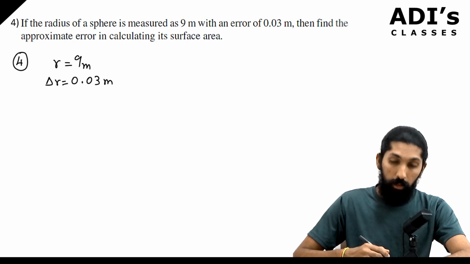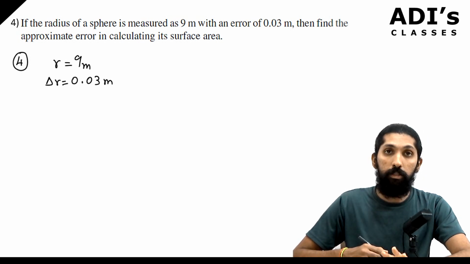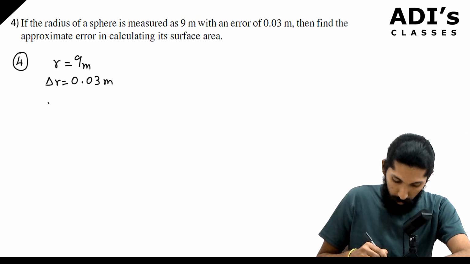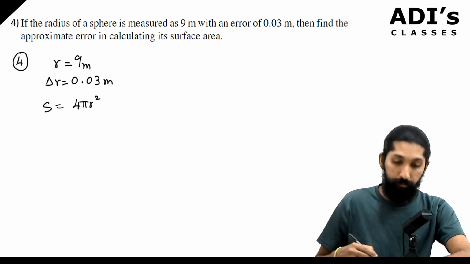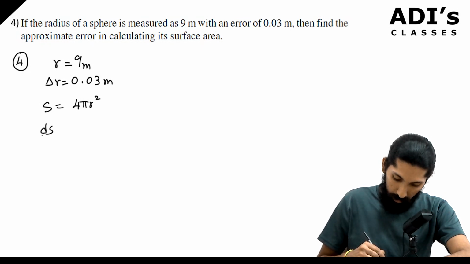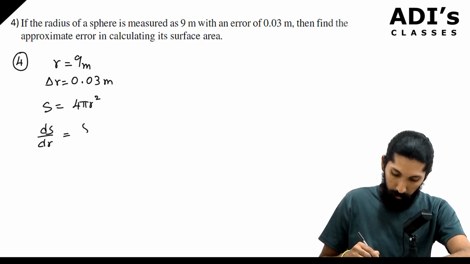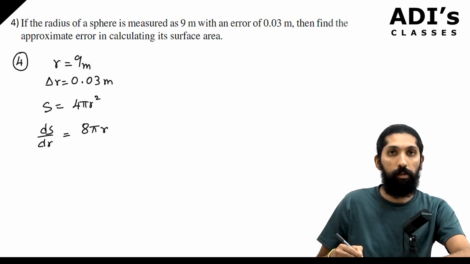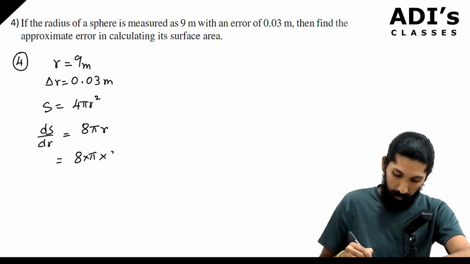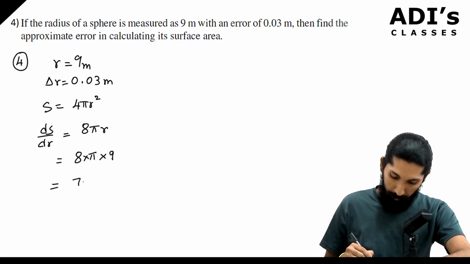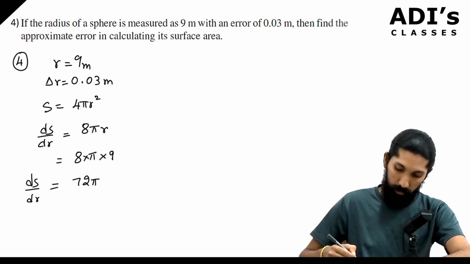See, it's a sphere and the area of the sphere, that is S is equal to 4 pi r square, right? Do ds by dr. This is going to become 8 pi r, right? This will be 8 into pi into 9, or we can call it as 72 pi. This is ds by dr.